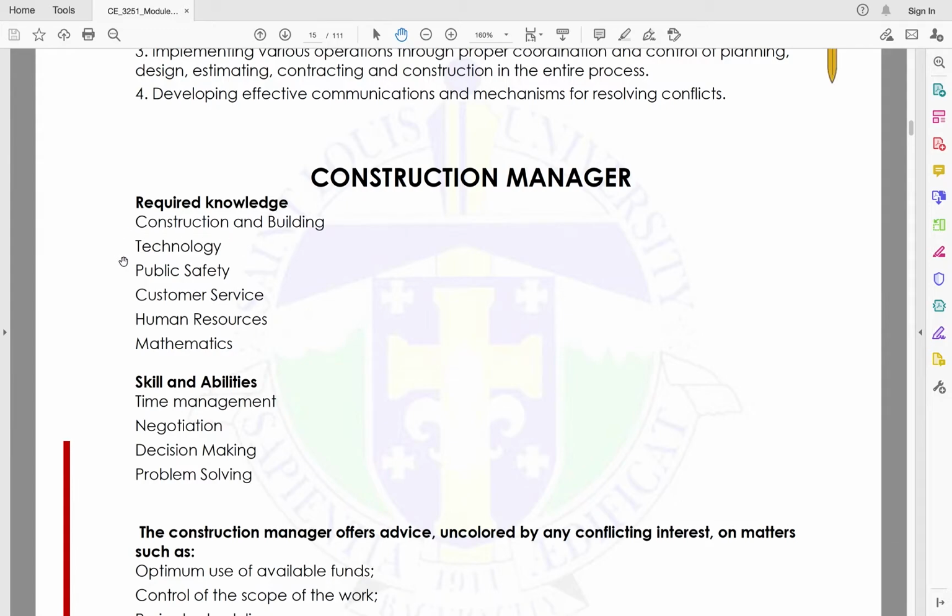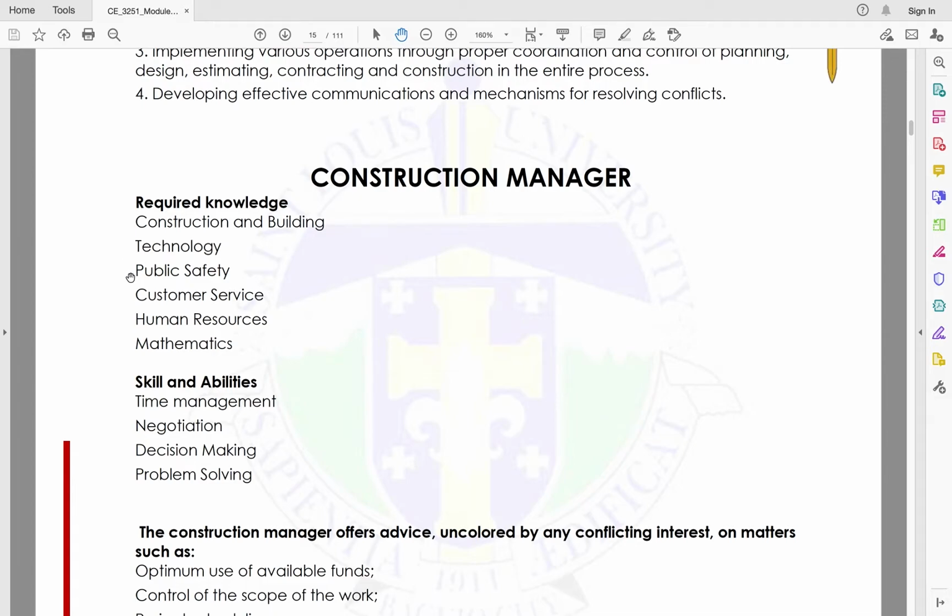Of course, we are already in the age of technology. That's why, as a construction manager, it is your duty to be updated with the latest technology. Why? Because these technologies are made to make things easier and to help. This will help us achieve our goals or our objectives easier and faster.